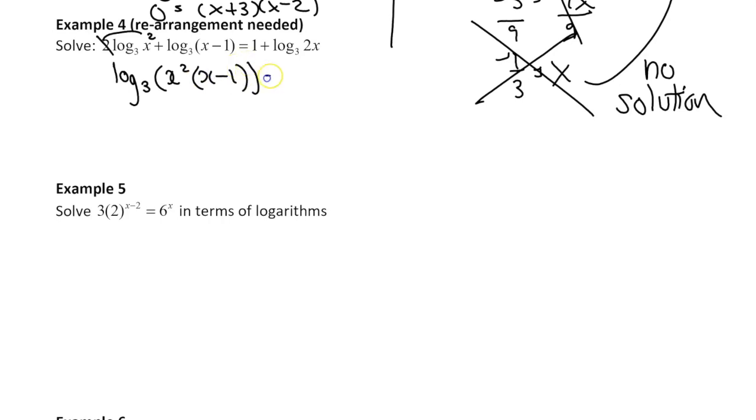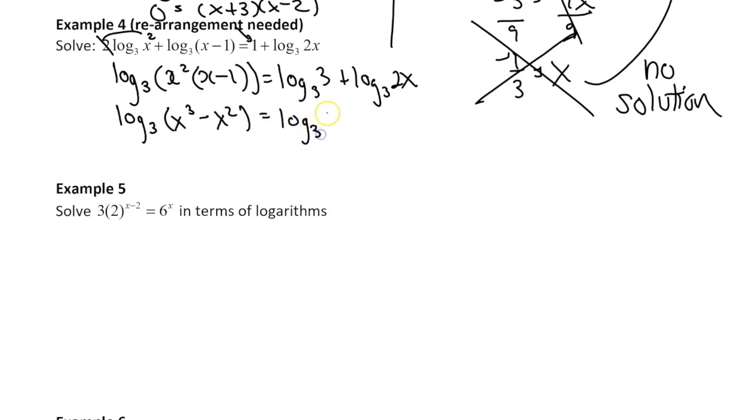And that's going to be equal to, instead of the number 1, I'm going to say log base 3 of 3, which is equivalent to the number 1, plus log base 3 of 2x. So then from here, on the left side, I can expand what we have. It would become x cubed minus x squared equals log base 3 of, and then it would be 3 times 2x.